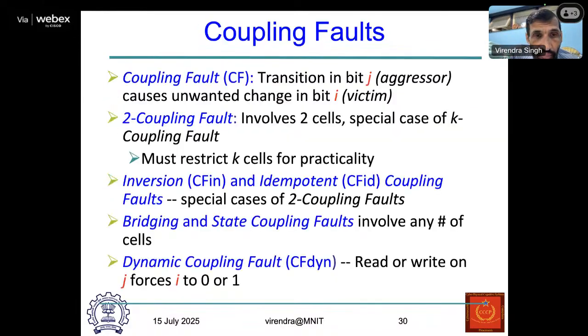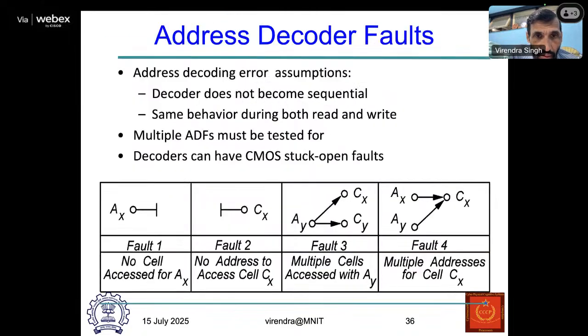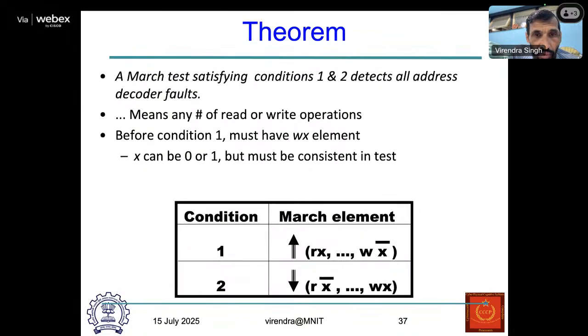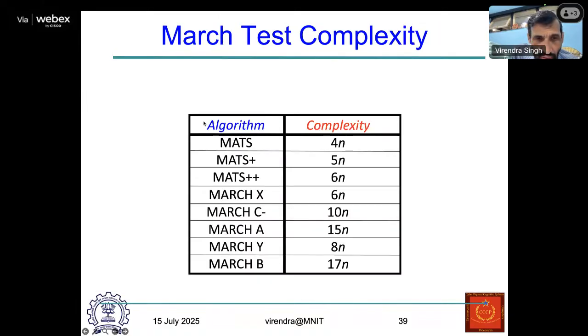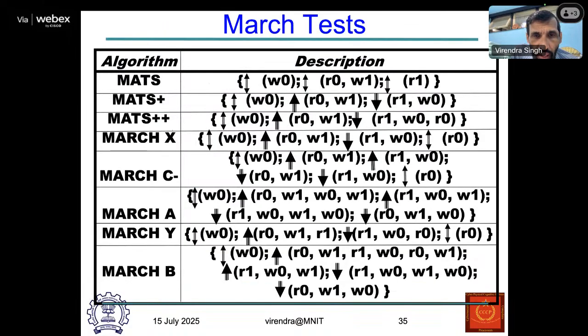So this MATS test can detect all the stuck-at faults, stuck-at 0 and stuck-at 1. It can also detect the transition fault from 0 to 1.